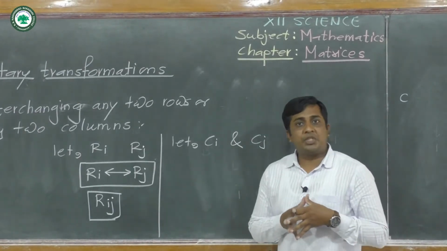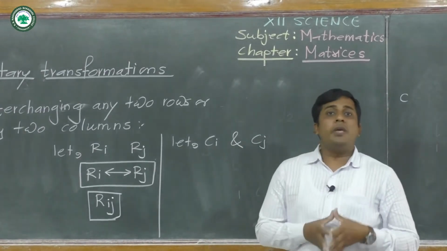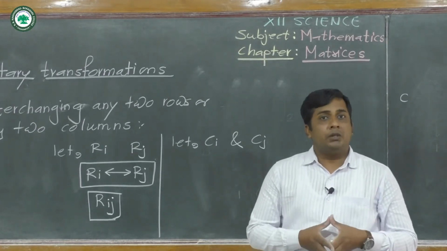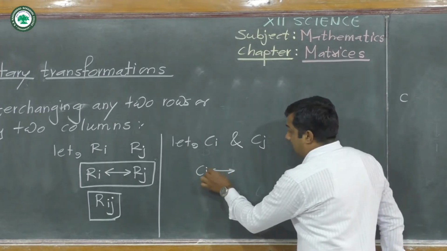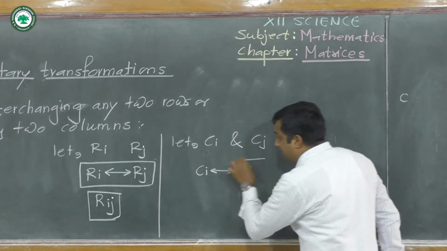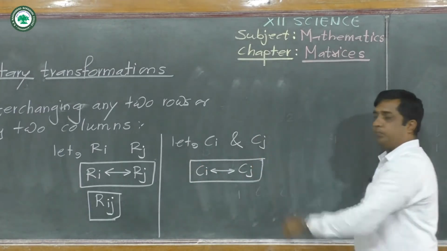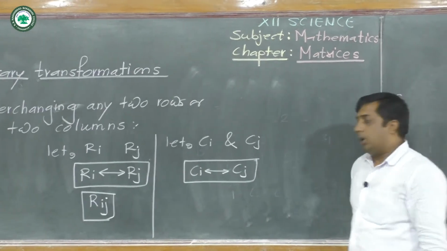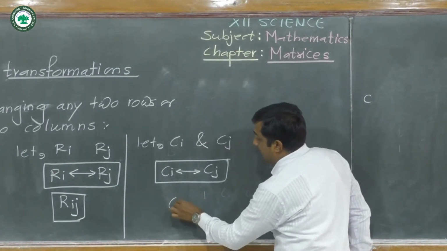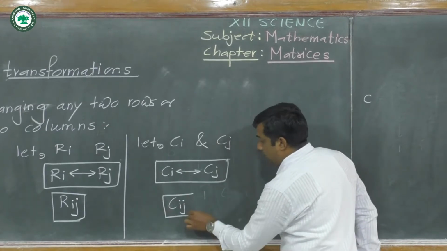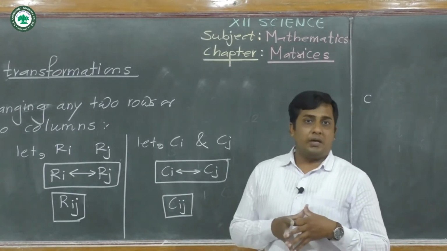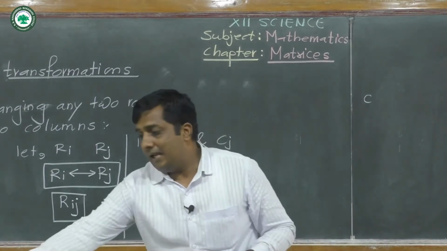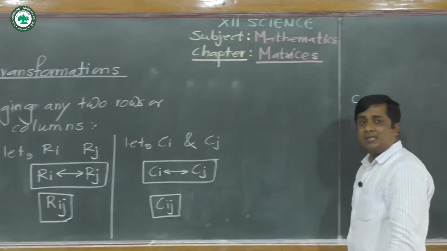If we have to interchange the ith column with the jth column, then we denote this by using Ci double implies Cj, or we denote this by using Cij. So remember this point also. This point is very important. Let us see an example depending on this.